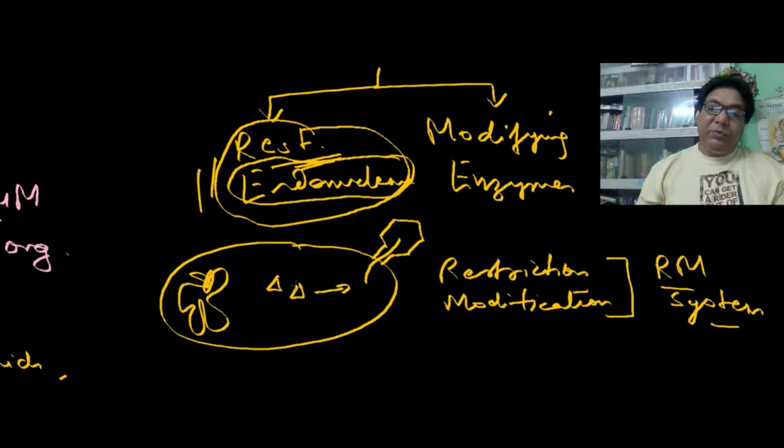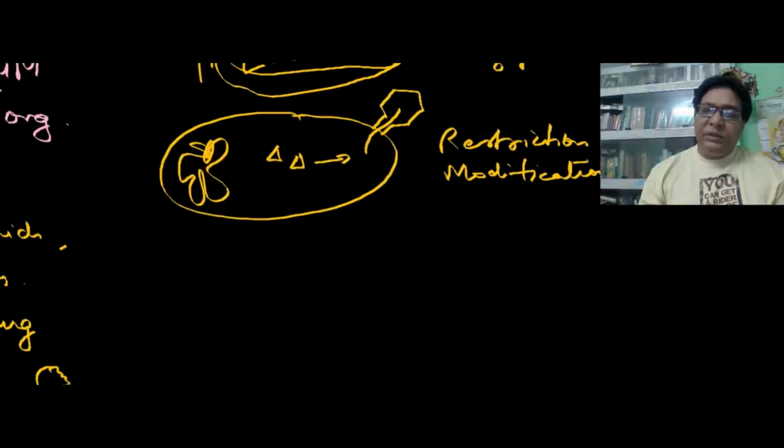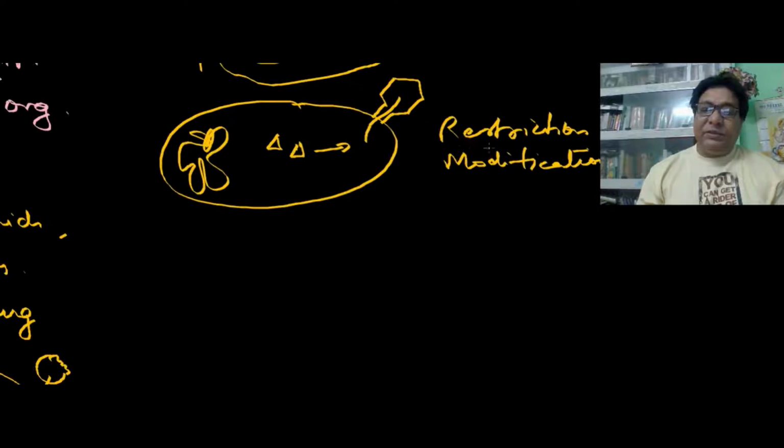A restriction modification system is present in a bacterial cell, that with that system it either allows the foreign DNA to replicate inside and complete its life cycle, and when it does, then the modification function is taking place. And if it does not allow the foreign DNA to replicate, then the restriction part of it is active.